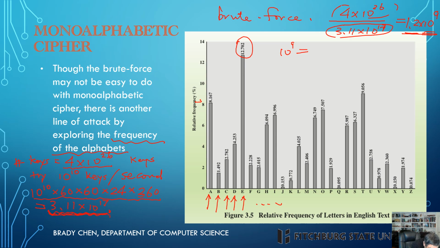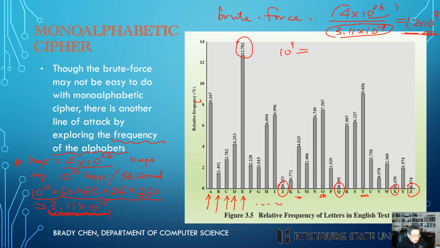Some of the letters have a very low frequency, like J, Q, X, Z. T has a very high frequency, which is about 9%. Then there are the others, O, L, but E is definitely the highest.